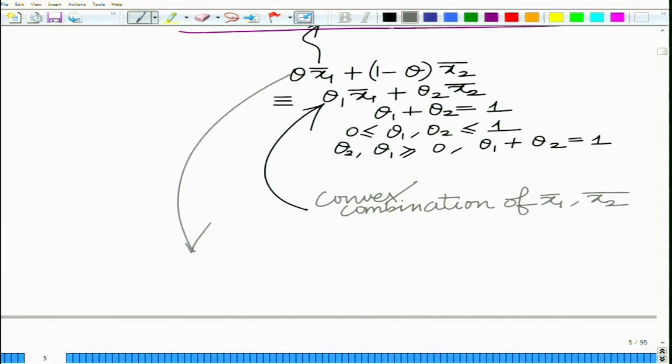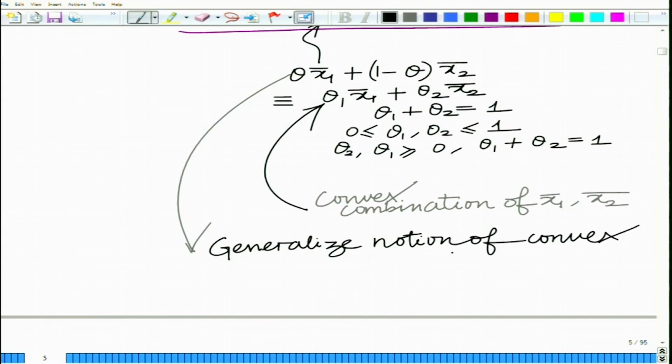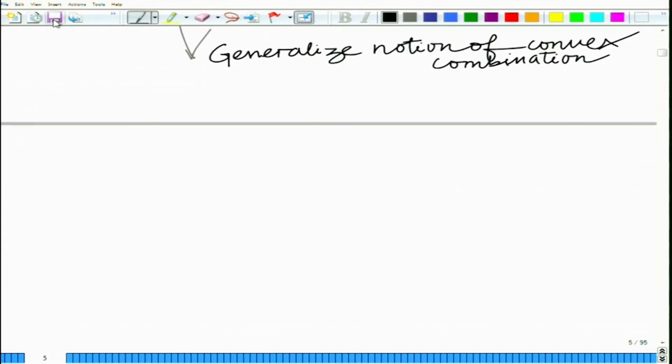Starting from here I can generalize this notion of convex combination to include n points.